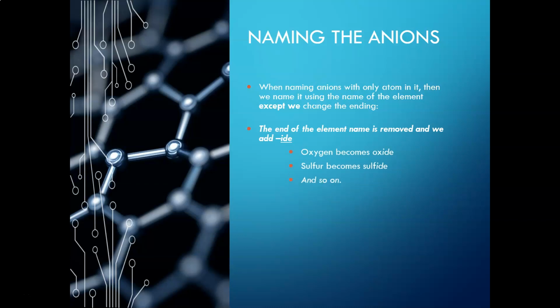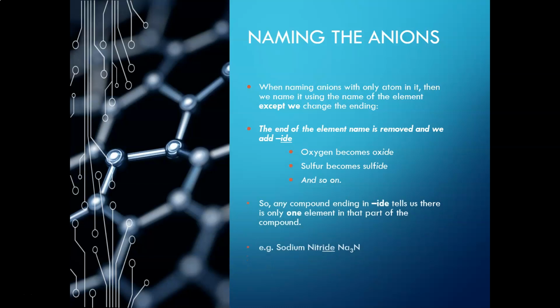So this is if you've got a compound that only has one anion. Any compound ending in "ide" tells us there is one element in that part of the compound. So for example, sodium nitride tells us there is only sodium and nitrogen in that compound.